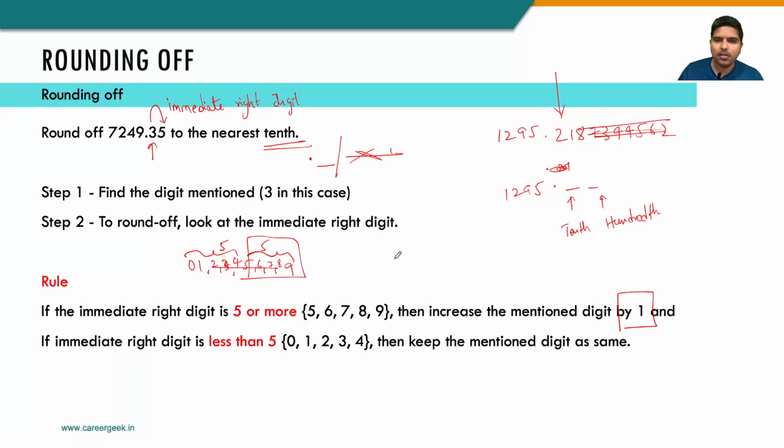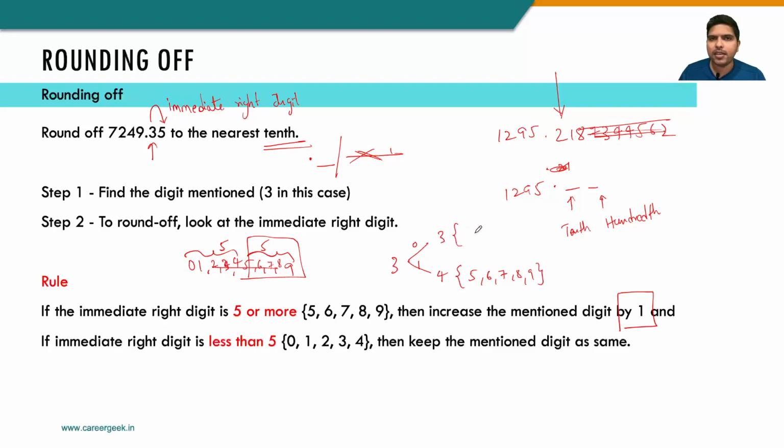So there are two ways. You either keep the number as is or you increase by 1. You increase by none or you increase by 1. You increase by 1 if the immediate right digit is 5 or greater than 5, that means the last 5 digits.